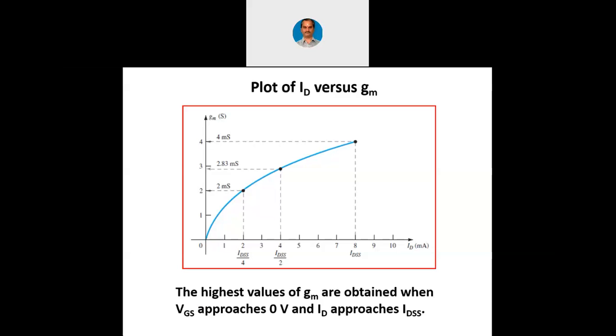The highest values of GM are obtained when VGS approaches 0 volts and ID approaches IDSS. That we have already seen here. These two things we have seen.